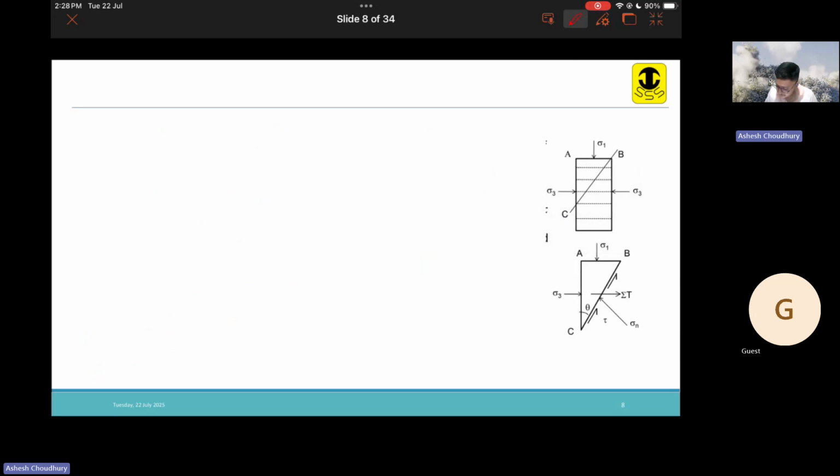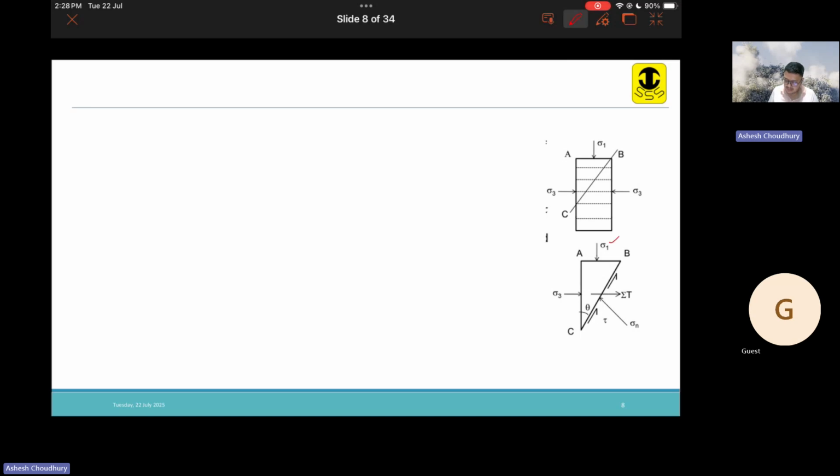Now what we are going to do is the equilibrium analysis of a soil bed. Say this is a reinforced soil. BC is any plane. We have the major principal stress and minor principal stress acting, and the soil is reinforced. Now, say we are getting a wedge ABC.